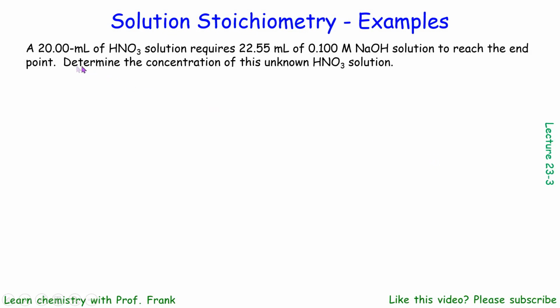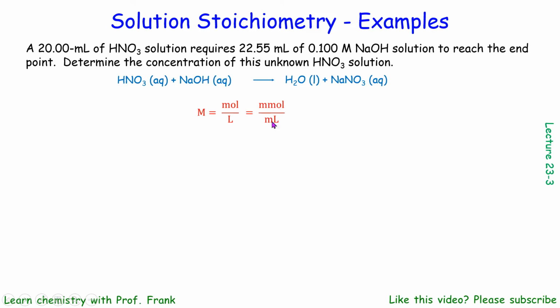Another example. A 20 milliliter of nitric acid solution requires 22.55 milliliter of 0.1 molar sodium hydroxide solution to reach the endpoint. Determine the concentration of this unknown nitric acid solution. How do we work on it? First, of course, we have to write the balanced chemical equation. Again, start with the key equation.